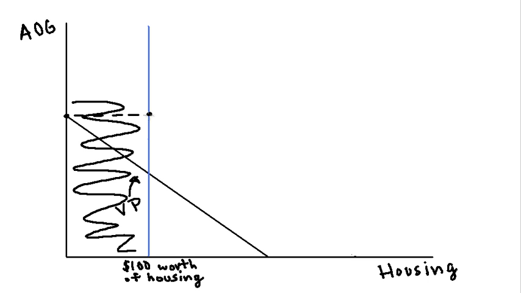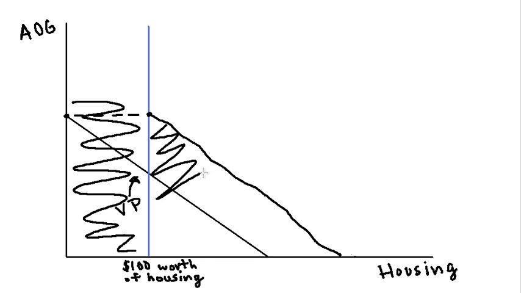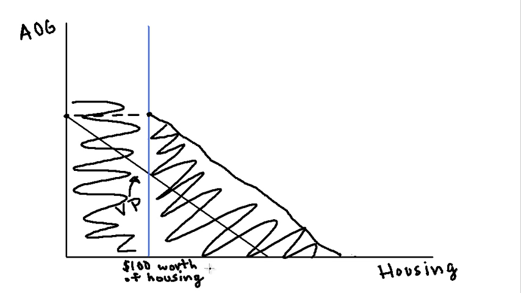So our new budget line will be parallel to this one, but will look kind of like this. However, these points are still not going to be attainable. Instead, these are going to be the attainable points right here.